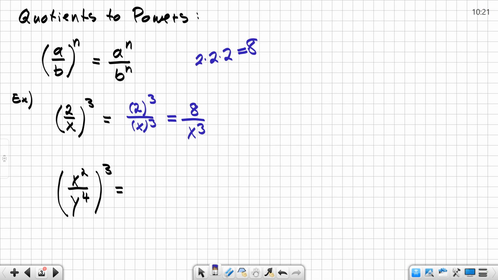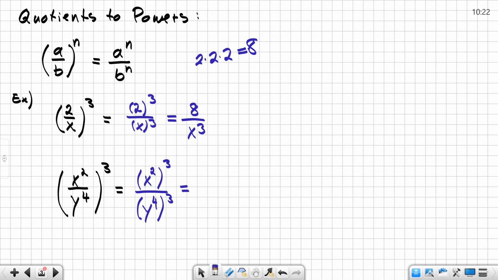Now the reason why I've placed parentheses in the first example, you see this now in the second one down here, I'm using the rule again. I have something in parentheses that is being raised to the third power, and that means now that I have the numerator raised to the third power divided by the denominator raised to the third power.